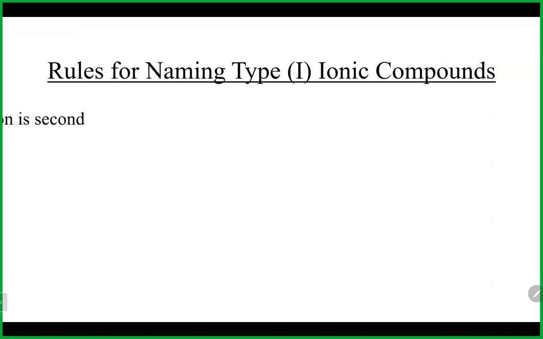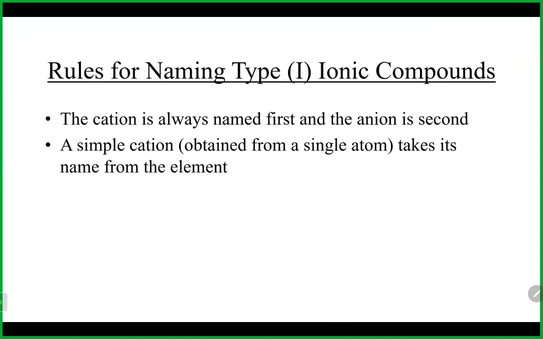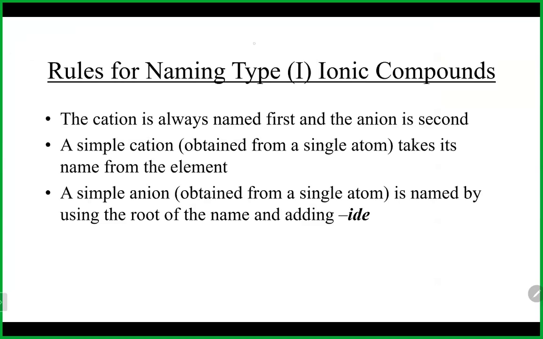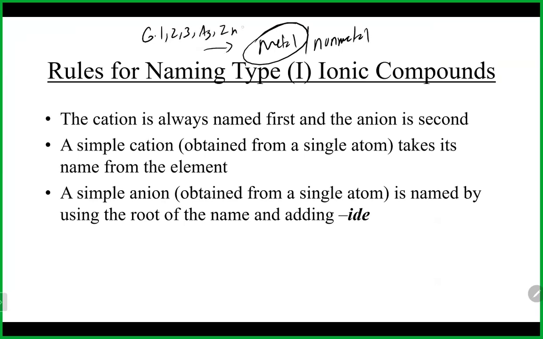All right, so let's talk about the official rules here of doing type 1 compounds. Once again, our type 1 compounds are our metal and our non-metal. And as I mentioned earlier, pretty much always focus in on that metal. It's going to be one of those guys, as we just talked about: group 1, 2, 3, silver, zinc, or cadmium.